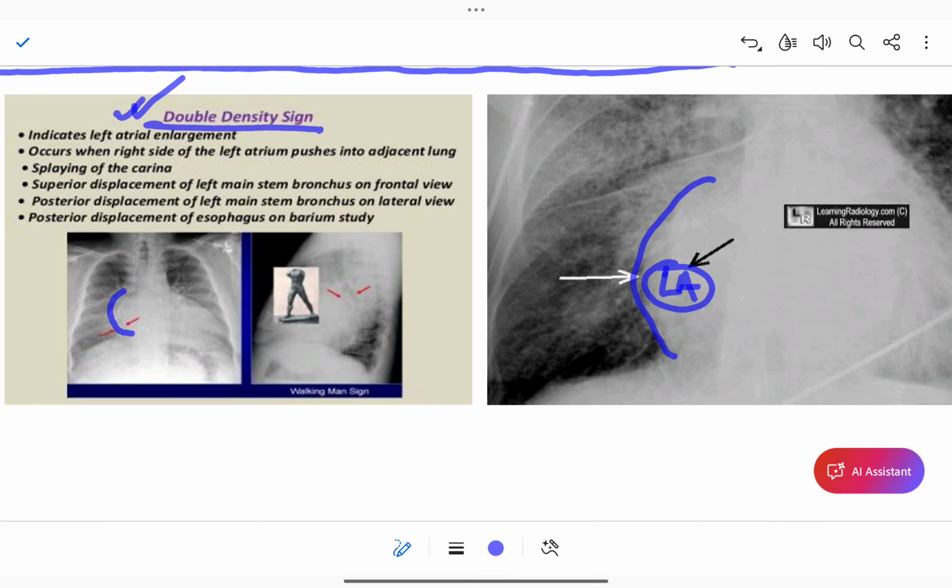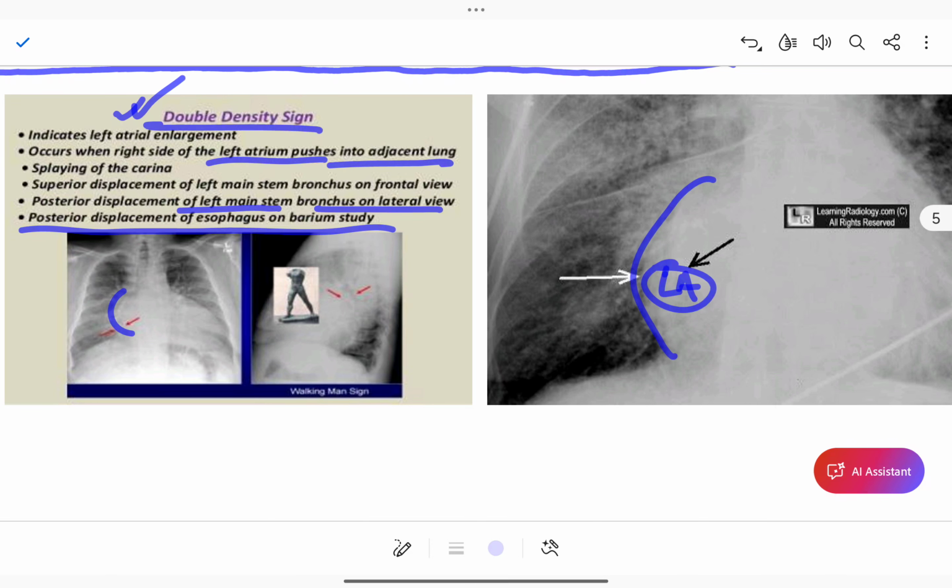Left atrial enlargement occurs when the right side of the left atrium pushes into the adjacent lung, with splaying of the carina, superior displacement of the left main stem bronchus from the frontal view, posterior displacement of the left main stem bronchus on the lateral view, and posterior displacement of the esophagus on barium study.